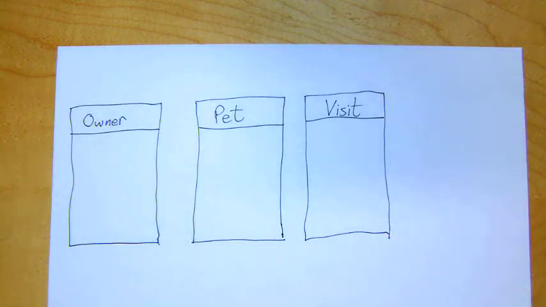Is there anything else that we might want to touch on to start with? Maybe a way to contact them? So absolutely, a way to contact them is great. And I would say that that is an attribute.